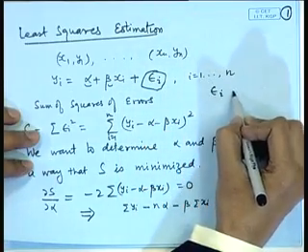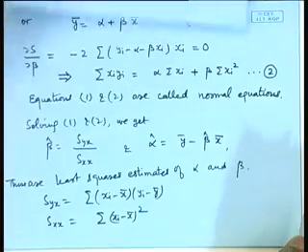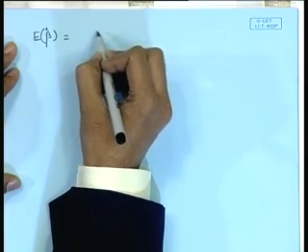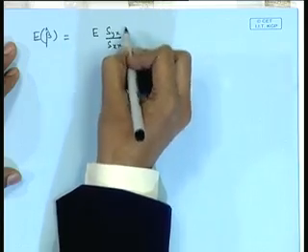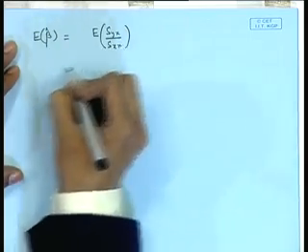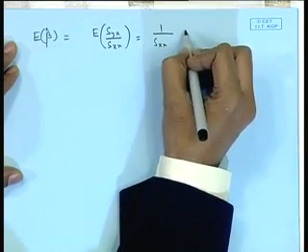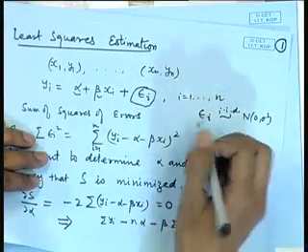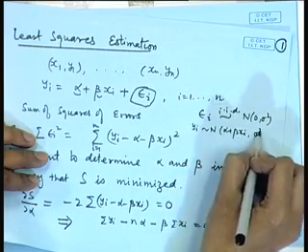So, if we assume epsilon i's are iid normal 0 sigma square, then it can be easily shown that expectation of beta hat, that will be expectation of Syx by Sxx, that is equal to, now in this model Sxx I can keep out, and when we are assuming here that epsilon i's are normal 0 sigma square, then yi follows normal alpha plus beta xi and sigma square.